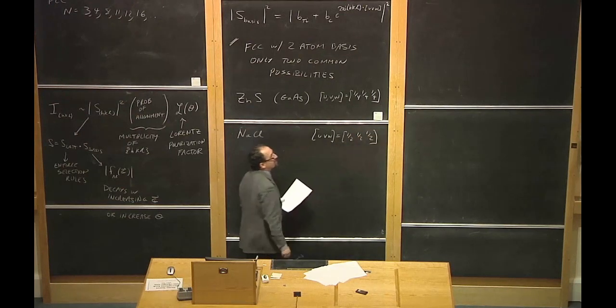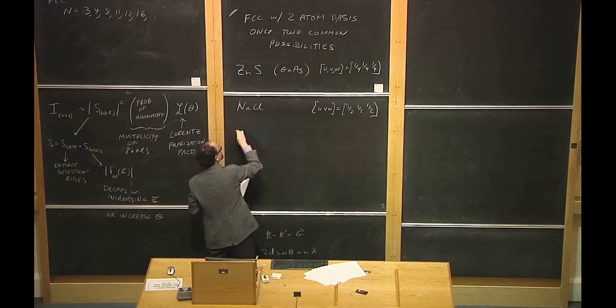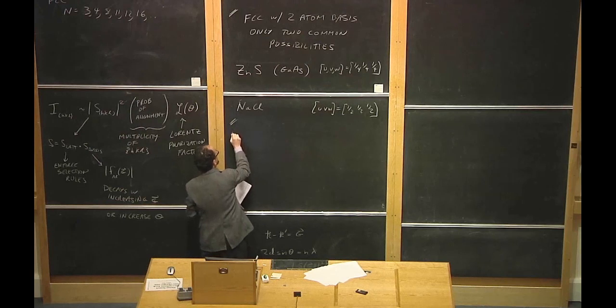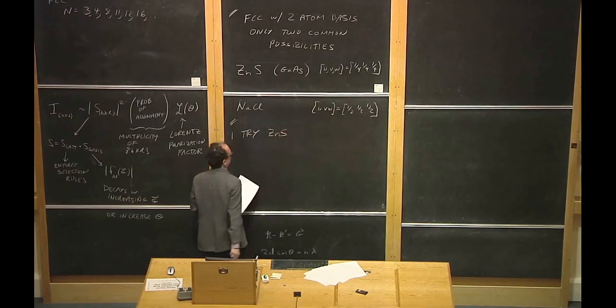So can we figure out which one of these two possibilities it is? Okay, well, let's see if we can do it. So let's first try the zinc blende structure.